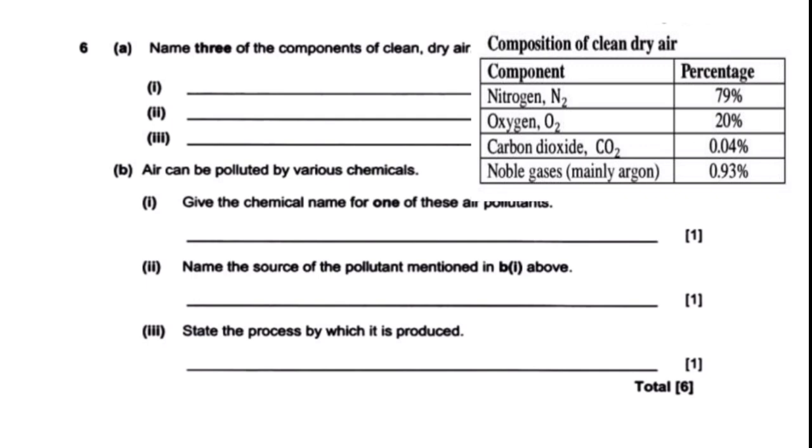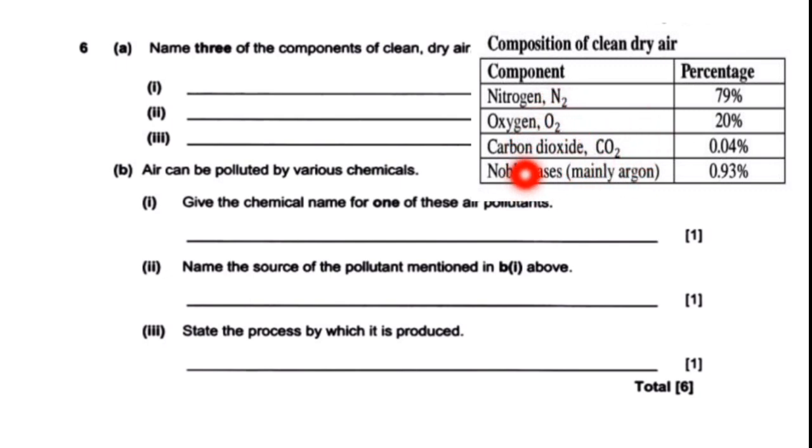The first component is nitrogen, which has a percentage of 78%. Oxygen has a percentage of 21%, and carbon dioxide 0.04%, and noble gases, mainly argon. These are the components of clean dry air.